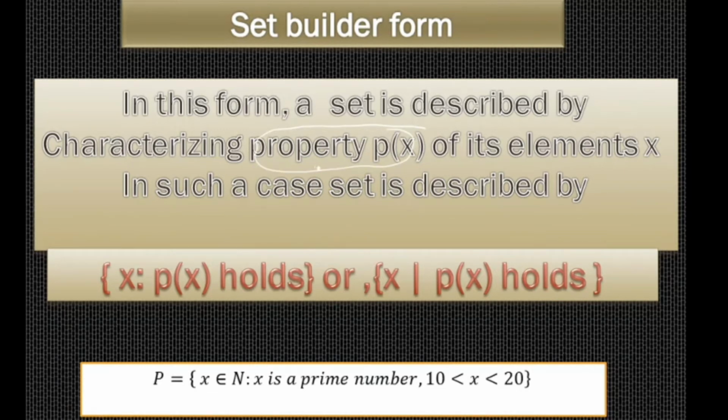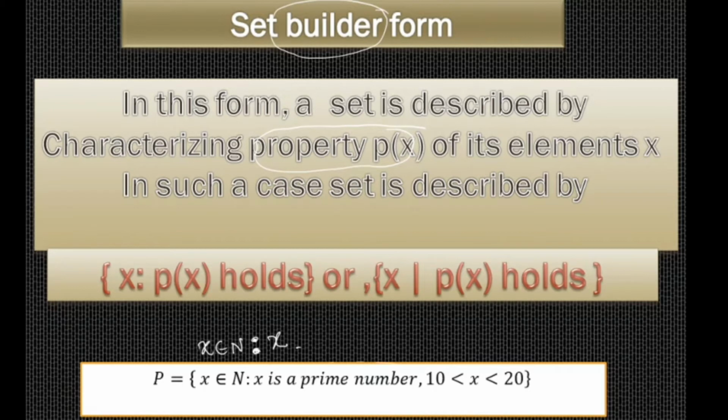Now that property might be like prime numbers, natural numbers less than 10, or names of states which start with a particular letter, like A. The condition that describes the set, the characterizing property, we call set builder, which will give information to build the set. For example, {x : x belongs to natural numbers, such that x is a prime number}, these 2 dots indicate such that.